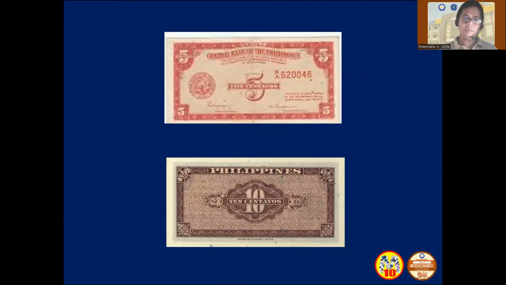And because more and more money is injecting and circulating in the Philippine economy, the value of this amount, 5 centavos or 10 centavos, is no longer sought after, right? If you have the 5 centavo coin, you just put it away. But if you have the 20 peso coin, you will keep them because the value is relatively higher compared to a 10, a 5, or a 1 peso coin.